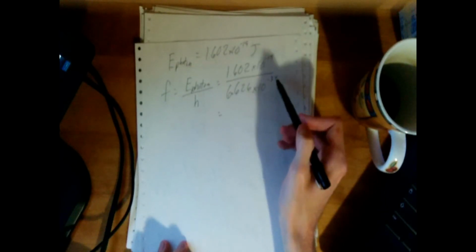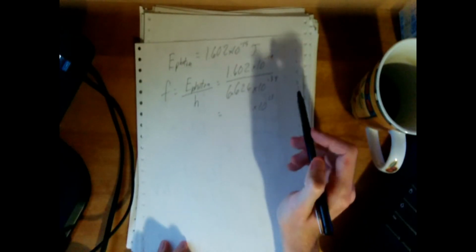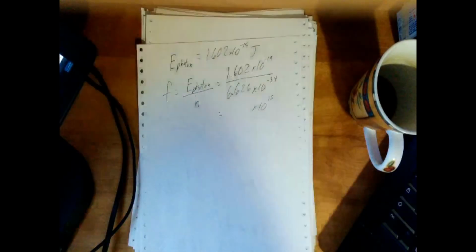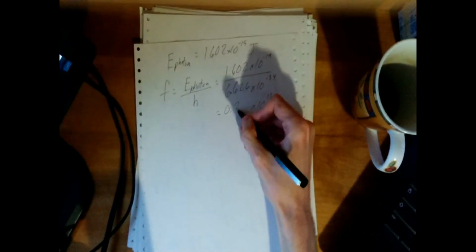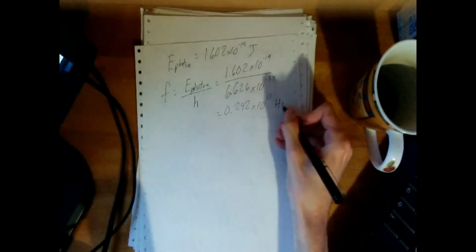If I take a look at just the factor 10 minus something, this will give me 10 to the plus 15. 34 minus 19 is 15. And for the rest, 2.4, let's say 2. This is in hertz.